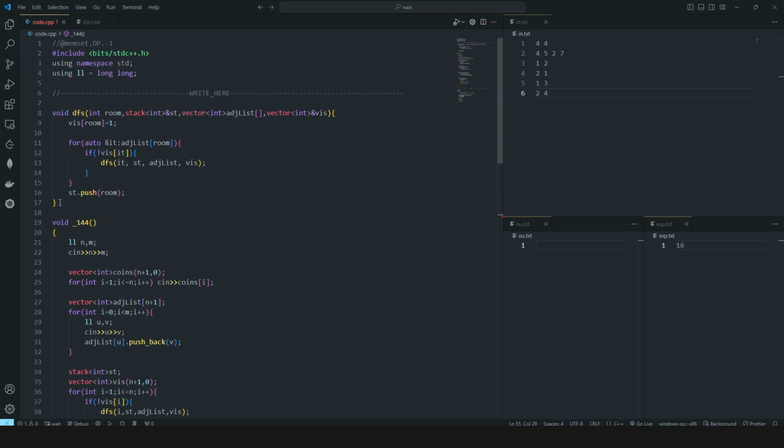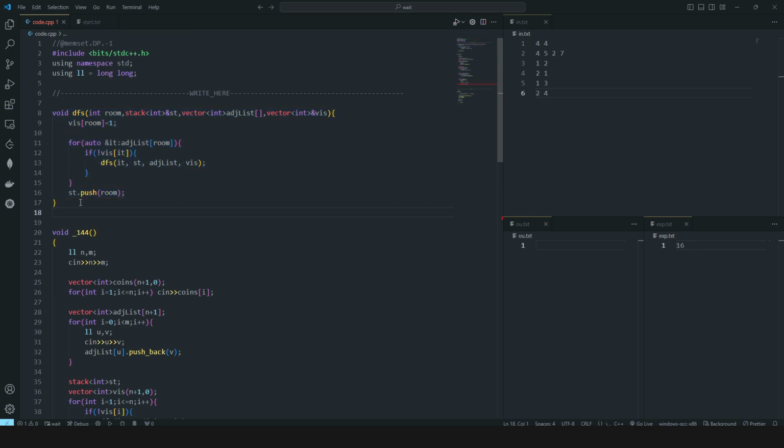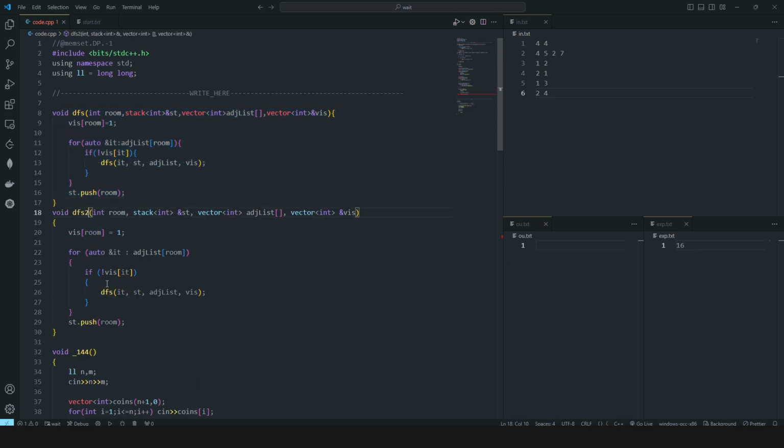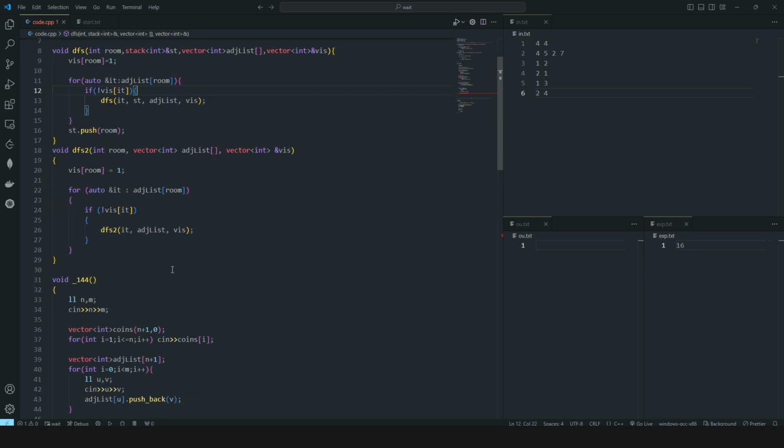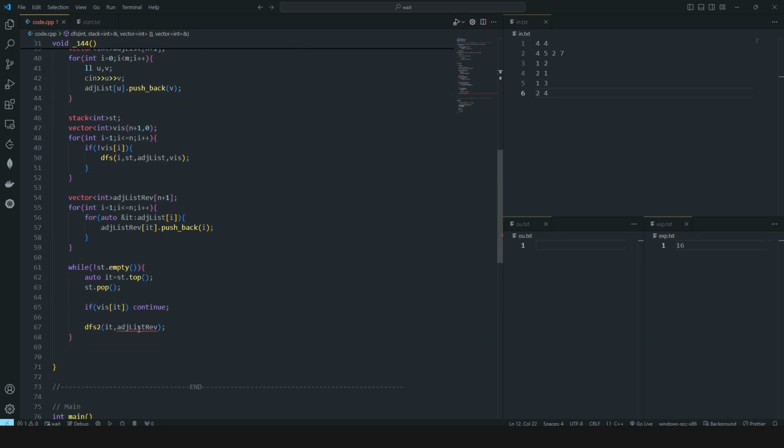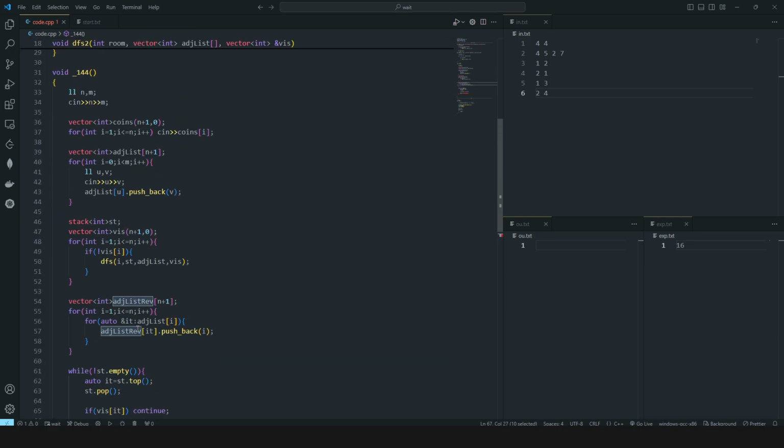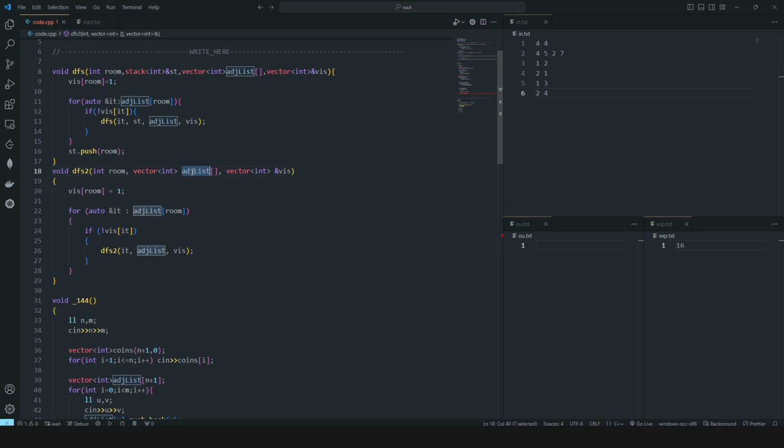So let me copy down this DFS because it will be the exact same thing. I just need to change the name, and there is no need of a stack anymore. So just erase this part, right? And since it's adjacency list reverse, let me name this also the same way.